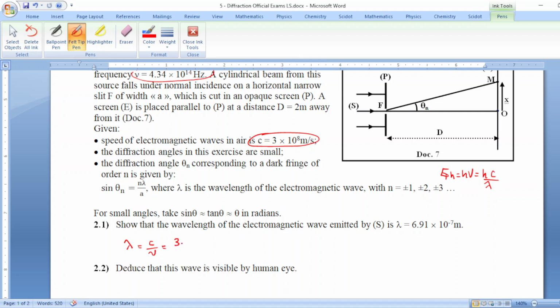Speed of light 3 times 10 power 8 divided by the frequency 4.34 times 10 power 14, we get the answer 6.91 times 10 power negative 7 meter.